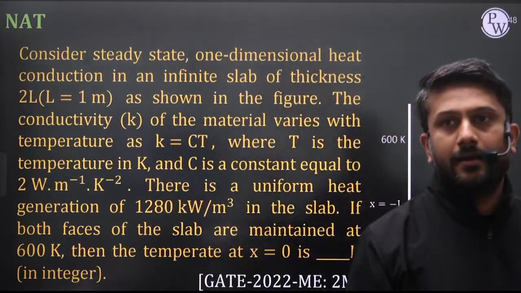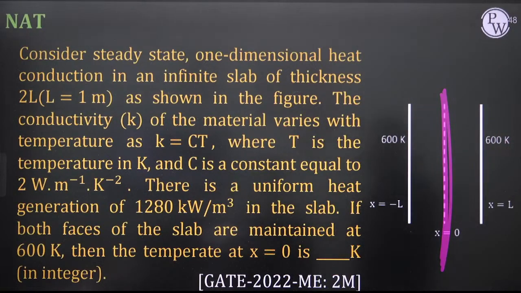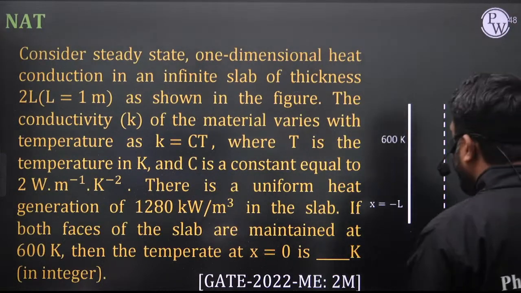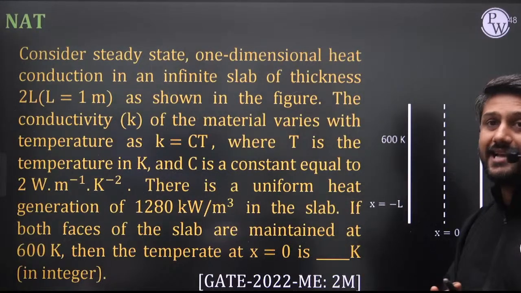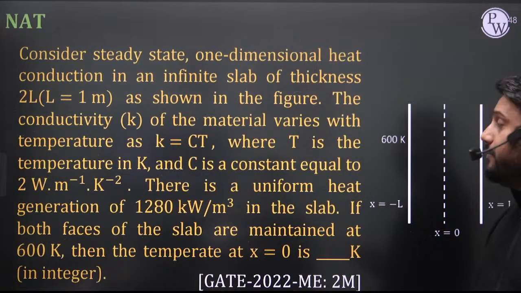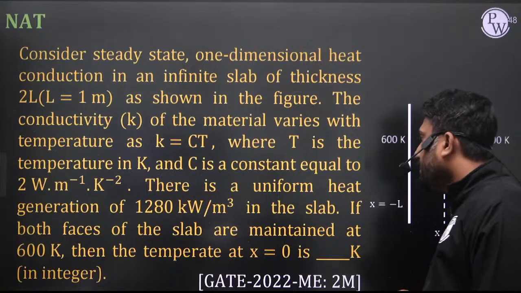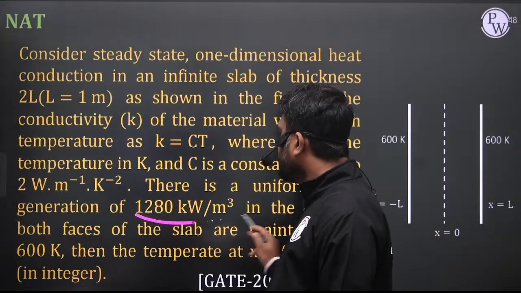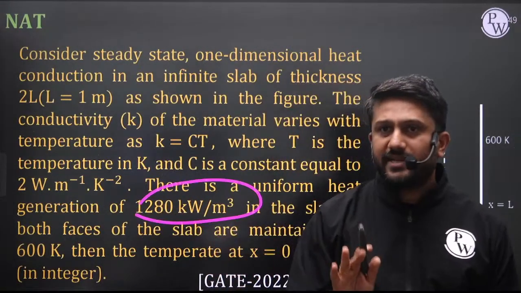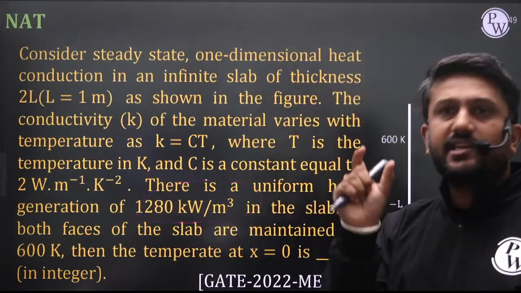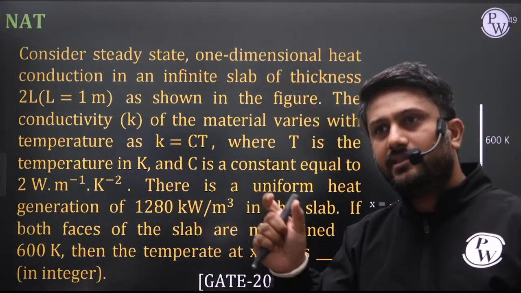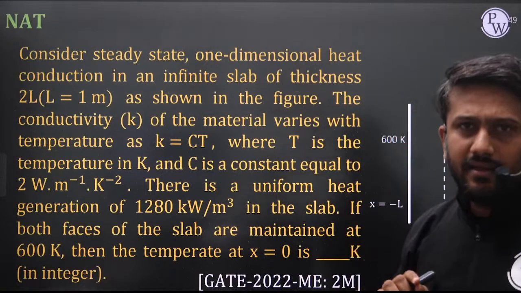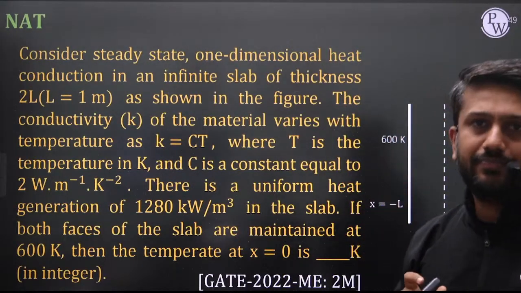Now this is not a standard problem, because this is a uniform heat generation problem. What is my standard problem? If there is uniform heat generation, 1D, steady, and thermal conductivity is constant, that is my standard problem.